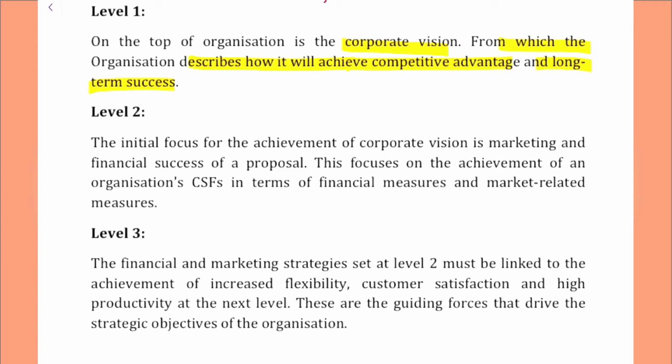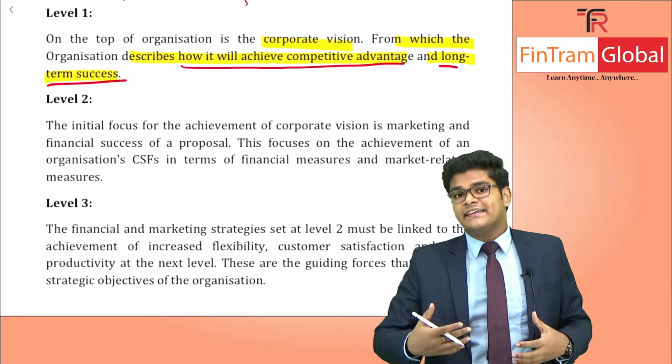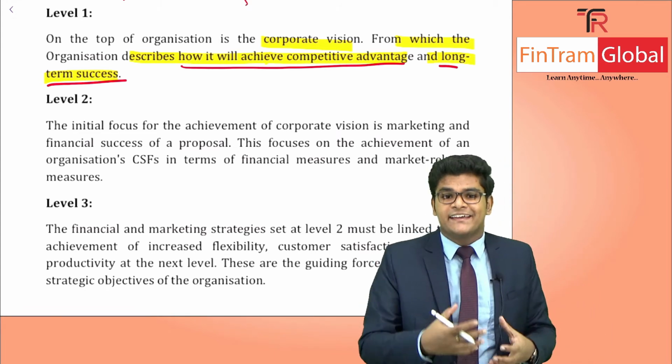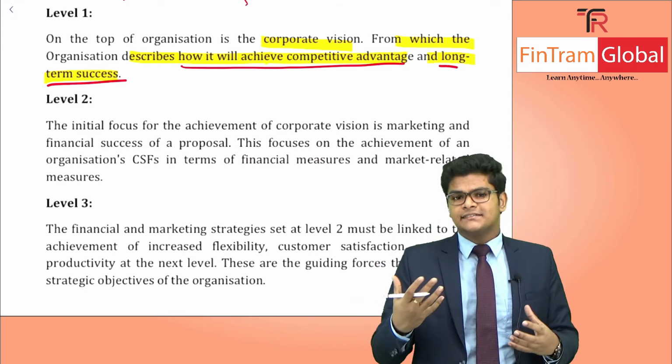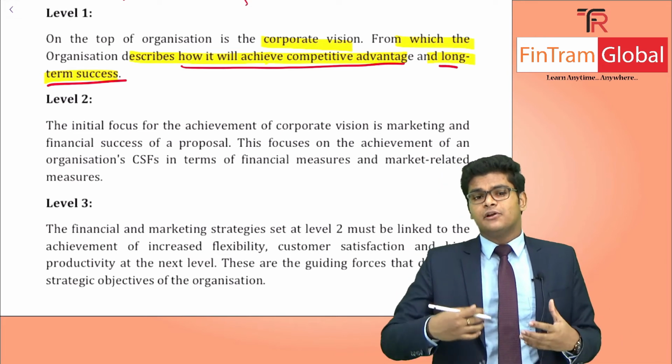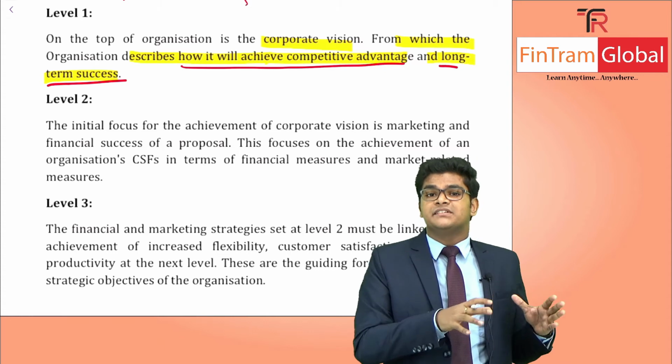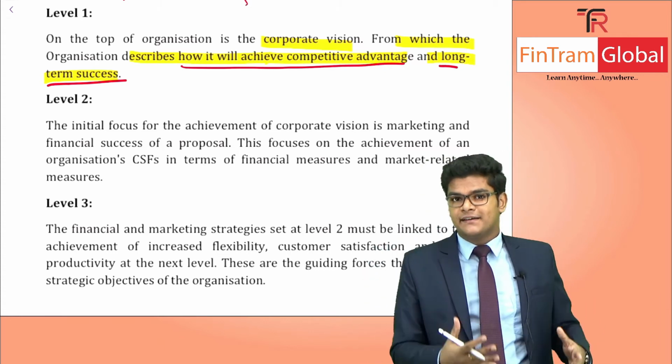It will describe two things: how it will achieve competitive advantage and long-term success. Okay, guys, how exactly are we planning to achieve a competitive advantage within the markets against our competitors, as well as how exactly will we achieve long-term success? So these two might be the primary objectives that would be in the corporate vision, or in level 1 in this particular case, isn't it?